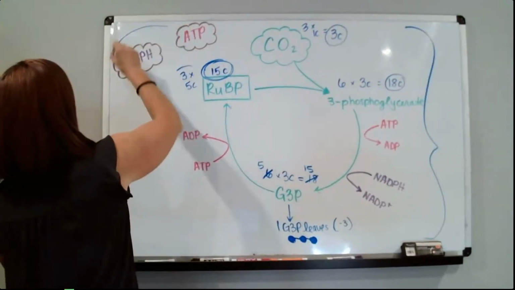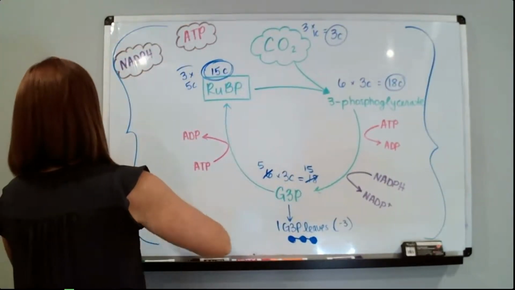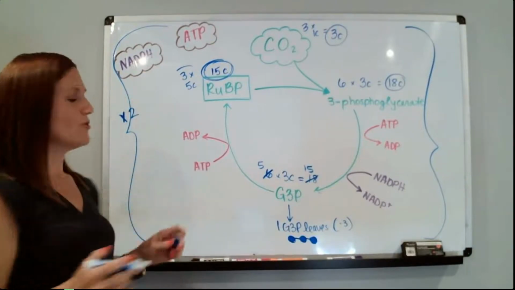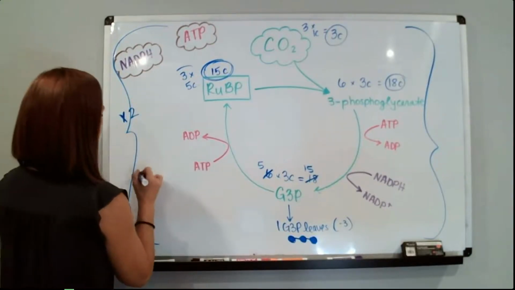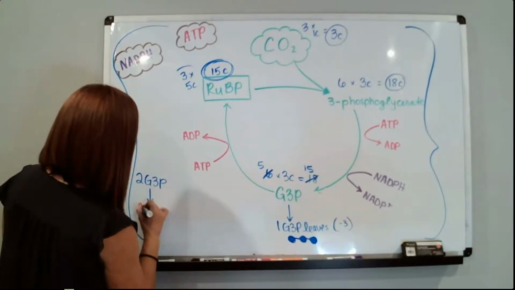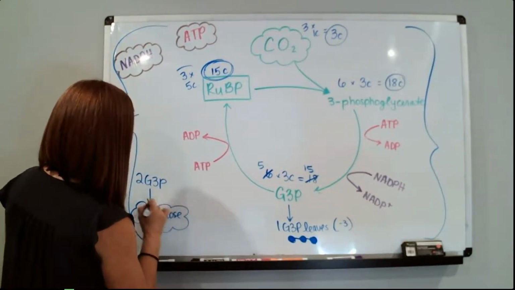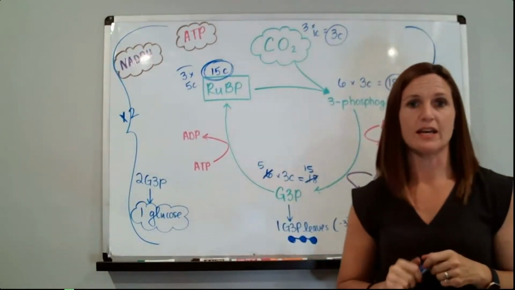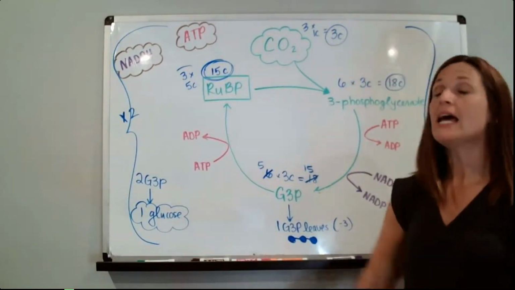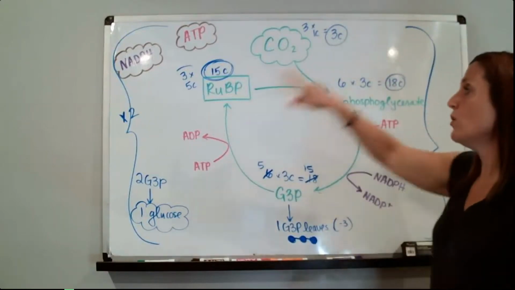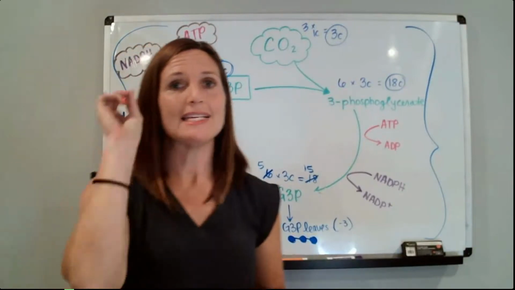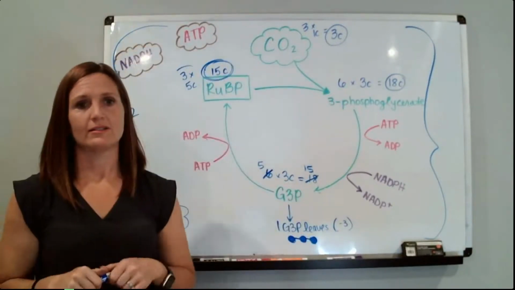This whole thing needs to happen times 2 so that I get 2 G3Ps and they can become 1 molecule. So it takes 2 turns of the Calvin cycle in order to make a glucose. It takes 2 total turns of this entire process in order to make just 1 single sugar. It's complicated.